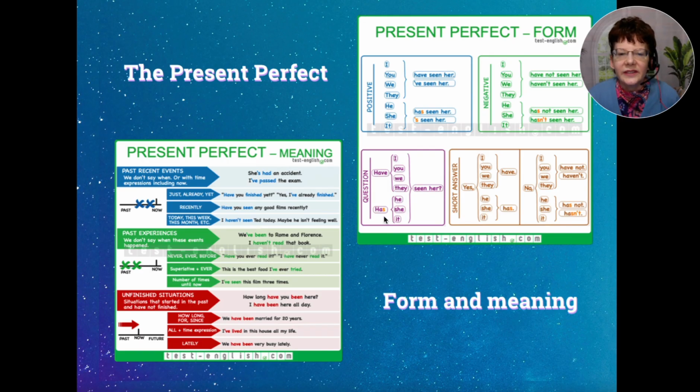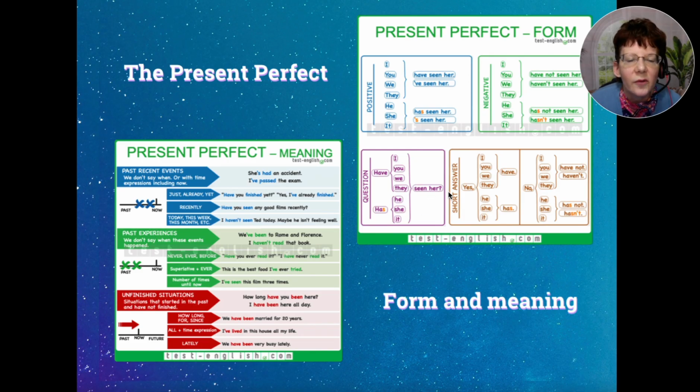For a question, it starts with have or has, right? And then the subject and then the verb. So, have you seen her, for example, or has she seen her?